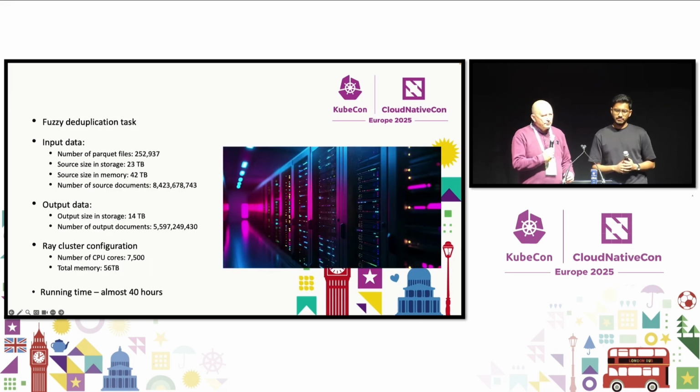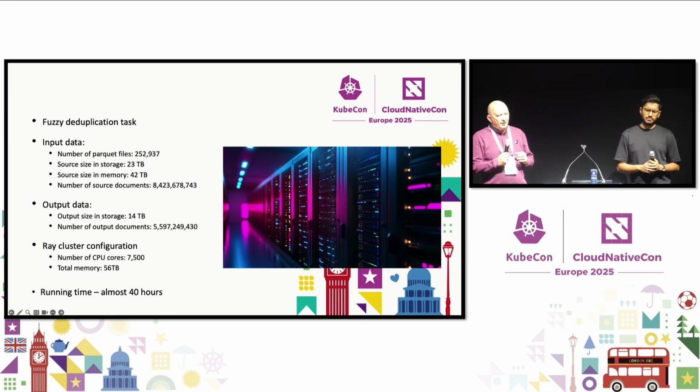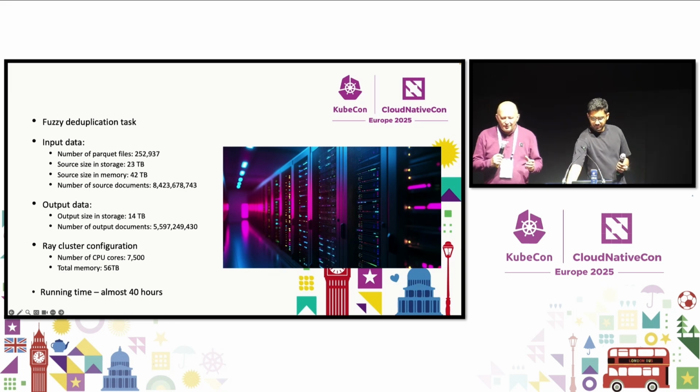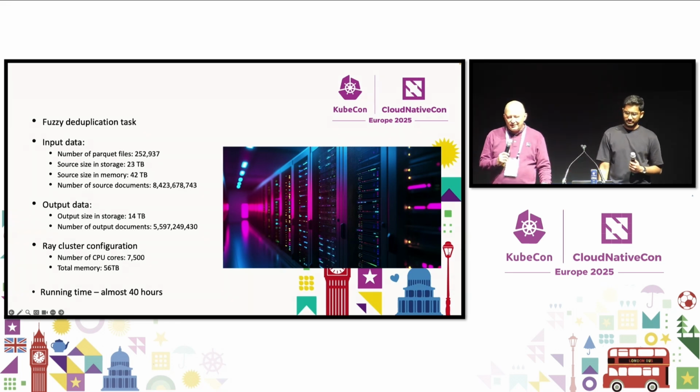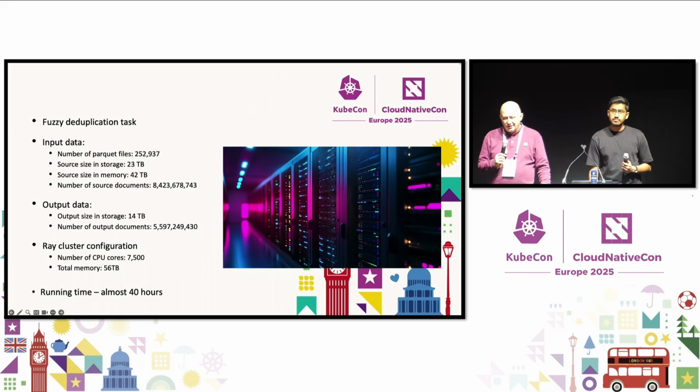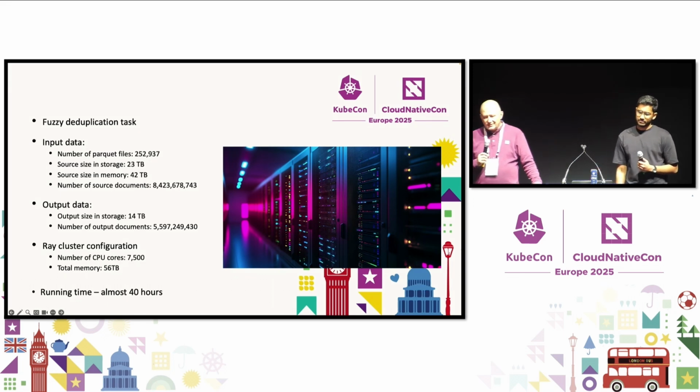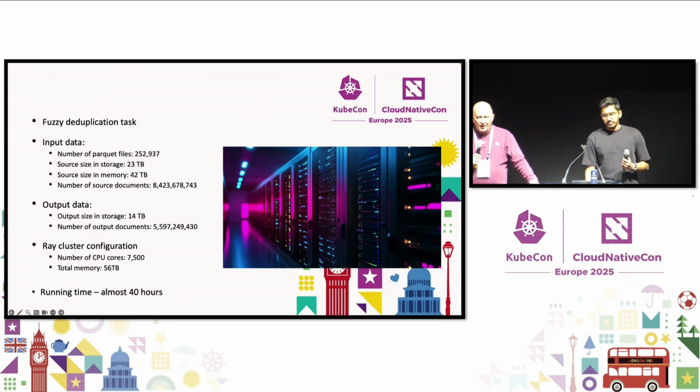Before going to KFP automation, and in order to summarize this very short introduction to Ray, we want to share with you our most extensive task that we executed. It was a fuzzy deduplication task with almost 8.5 billion documents, with compressed storage of 23 terabytes.